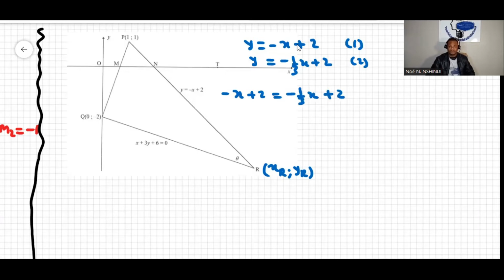Then I can move the negative 1 over 3x over. We have negative x plus 1 over 3x, and then I can move the 2 to the other side. So I moved negative 1 over 3x over, and then moved the 2 to the other side. Then this will be equal to 2 minus 2.